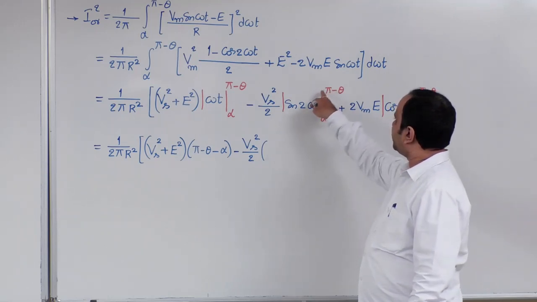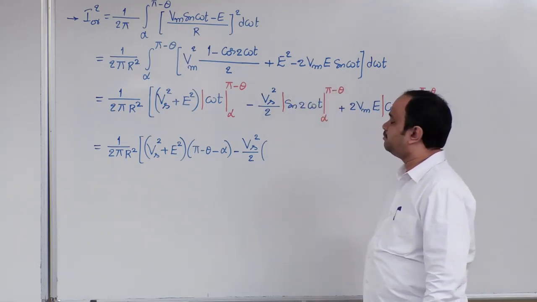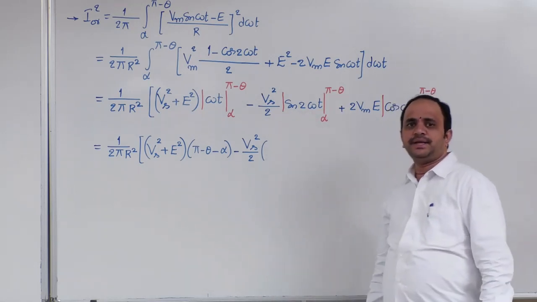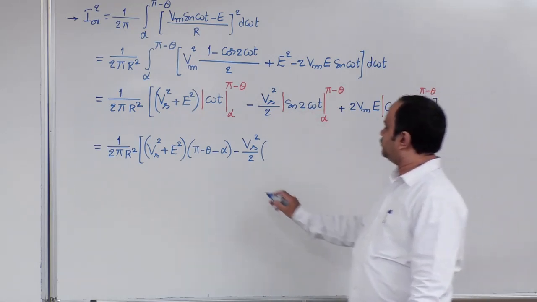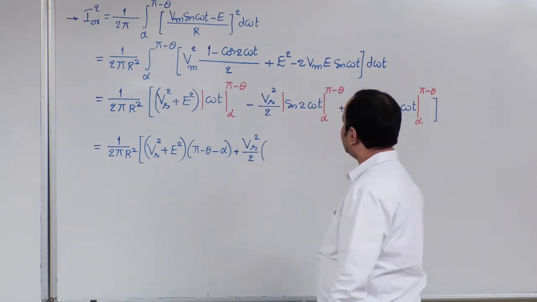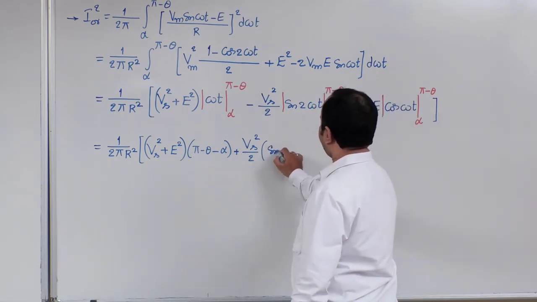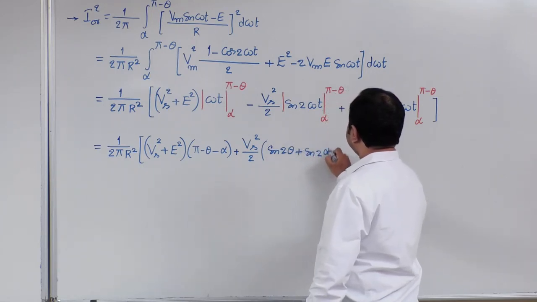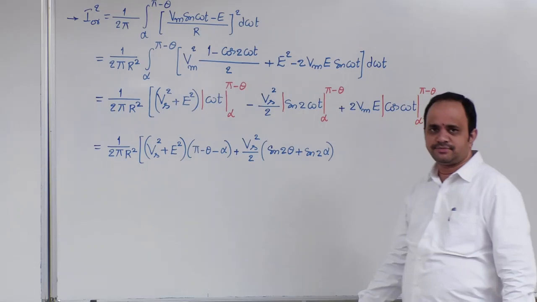Sine of 2 pi minus 2 theta minus sine 2 theta. Lower limit, minus sine 2 alpha. If you take minus common, I can make this minus to be plus. Then what should I write? Sine 2 theta plus sine 2 alpha.